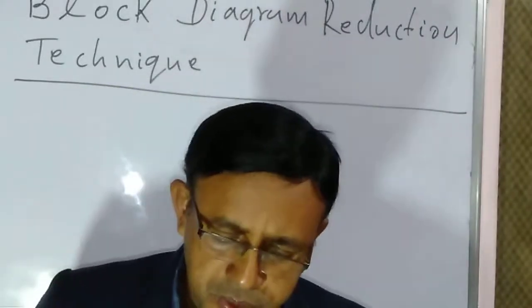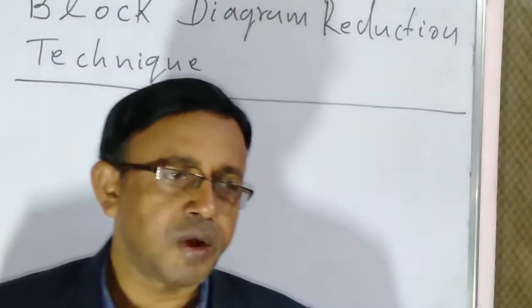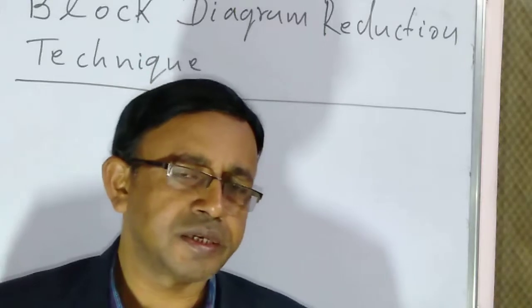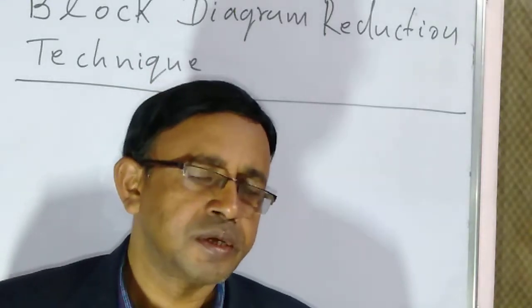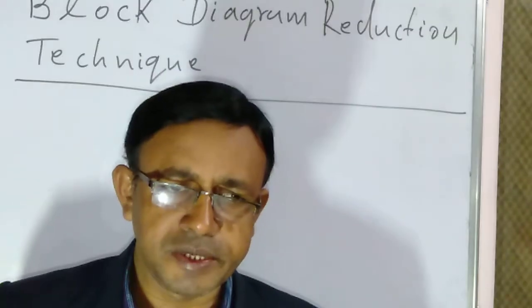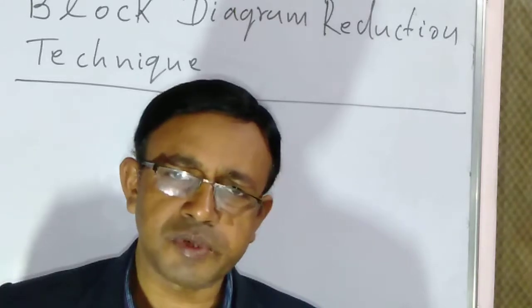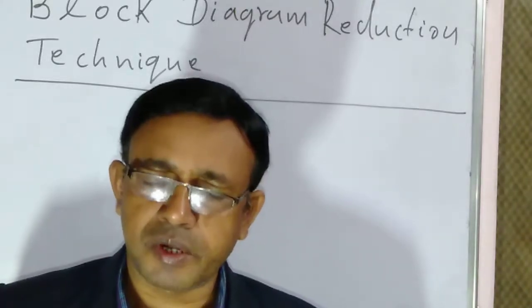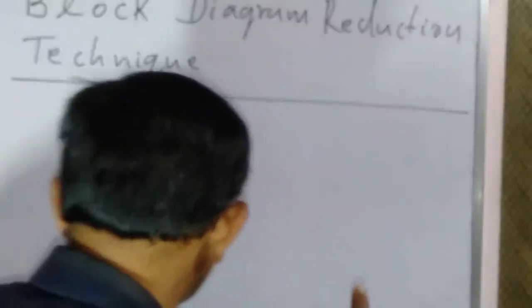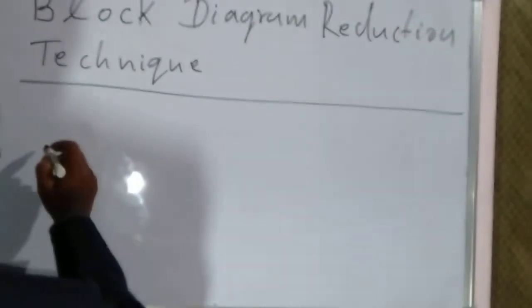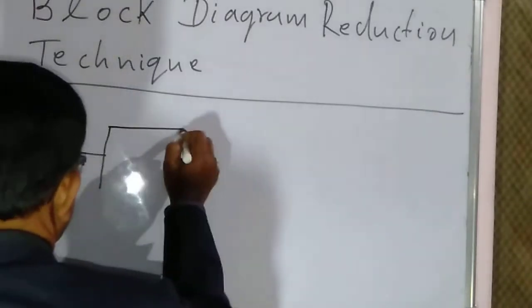The transfer function of more than one block connected in series or in cascade can be calculated by multiplying the individual transfer function of each block. For example, to understand this, let us take a simple example, that is power amplifier stages.